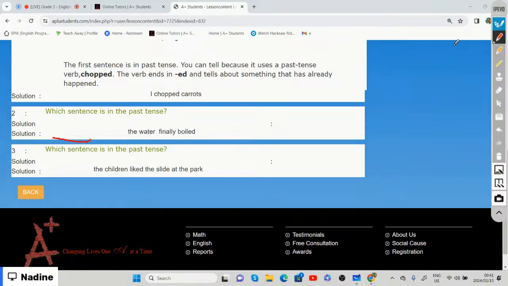And if we choose the correct one, we will go boiled. And that is our regular past tense verb, boiled.